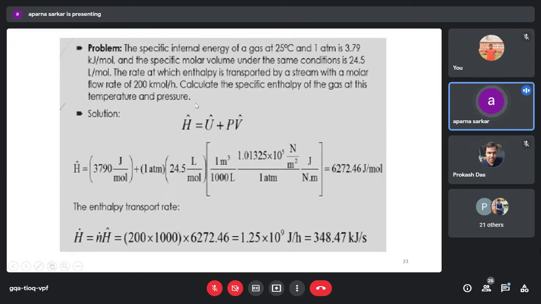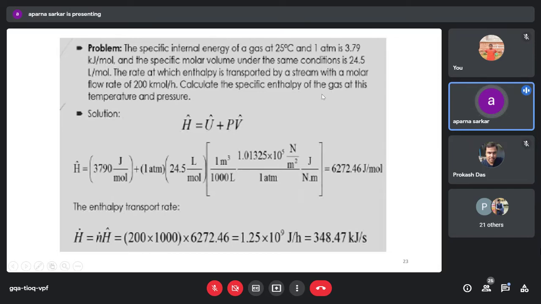So specific enthalpy, H bar, is equal to U plus PV. We have the value of U, P is given as 1, and V is also given. From that we can calculate the H bar, and we have 6272.46 joule per mole. But we need to calculate the enthalpy transport rate.